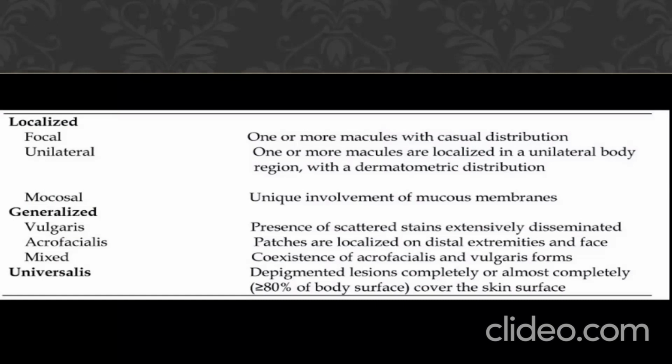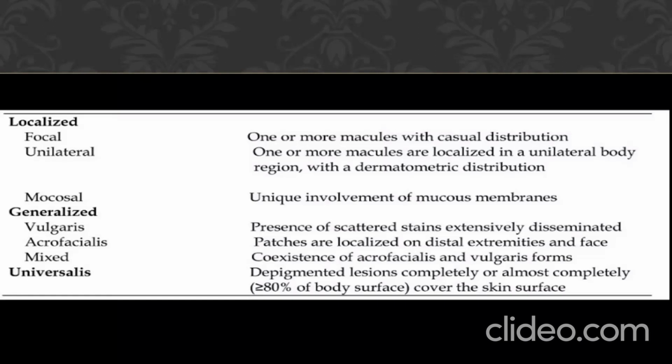So in localized, first is focal, one or more macules with casual distribution. Unilateral, one or more macules are localized in unilateral body region with dermatomeric distribution. And mucosal, unique involvement of mucous membranes.